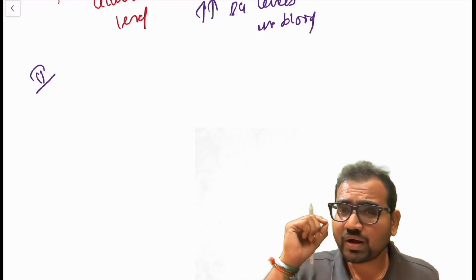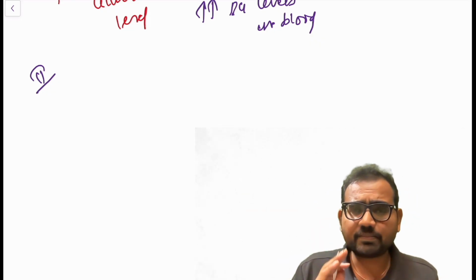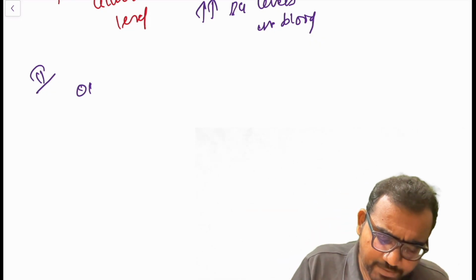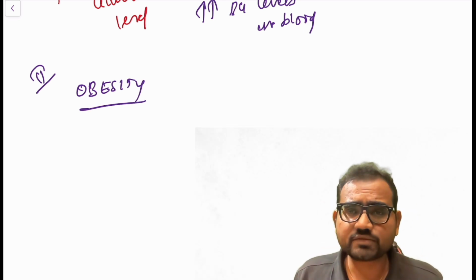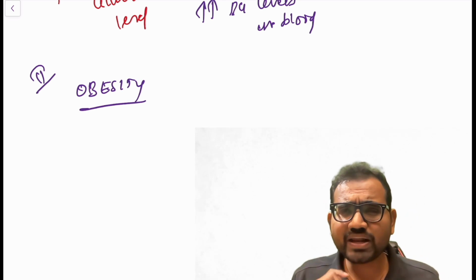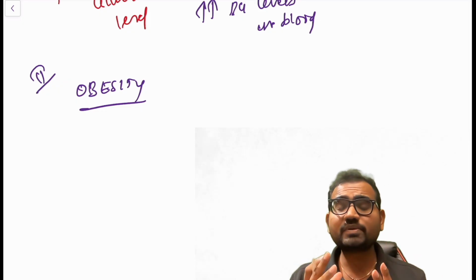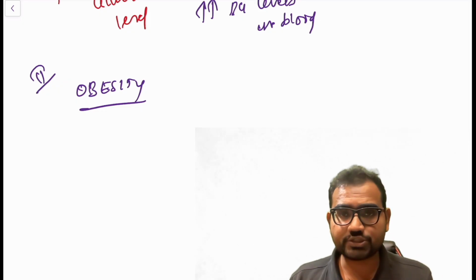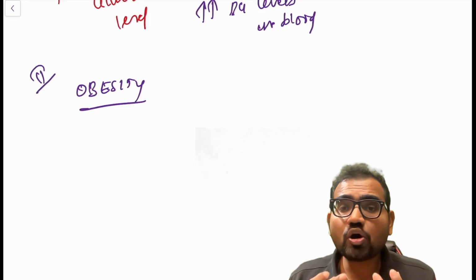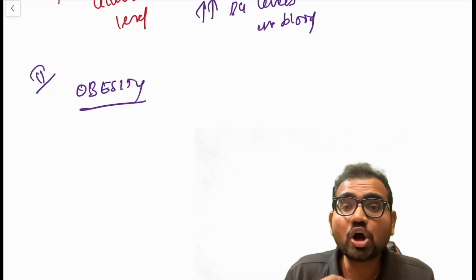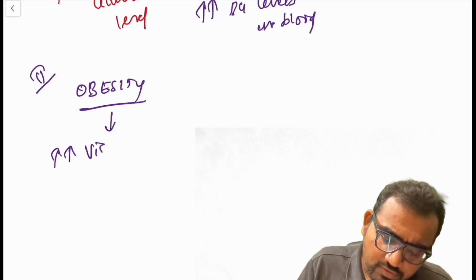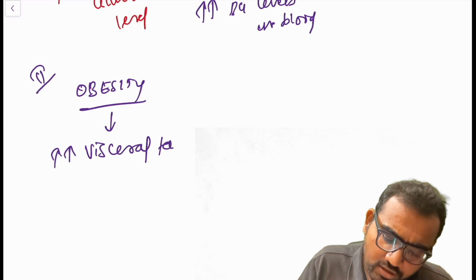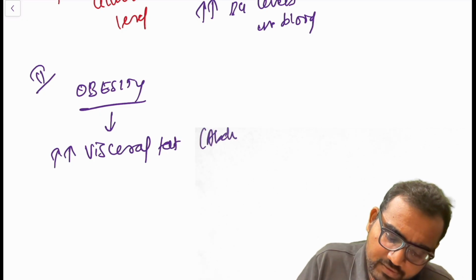Say for example, an obese patient. The predominant cause of type 2 diabetes mellitus will be obesity. What happens in obesity is the patient will have increased fat deposition, right? So there will be more visceral fat, abdominal fat.